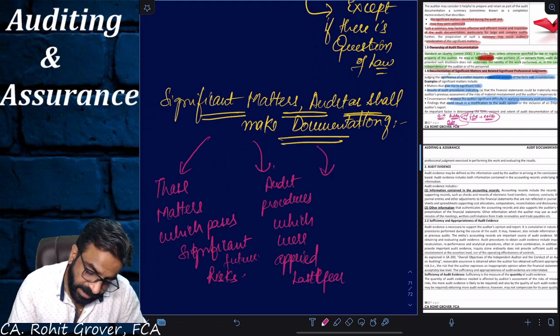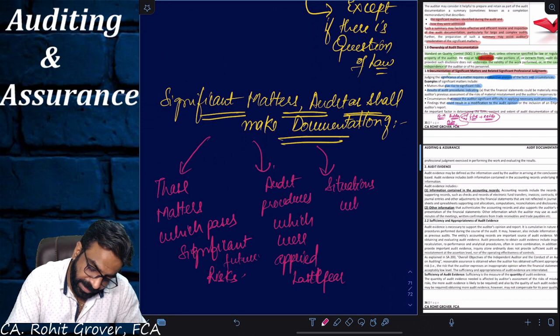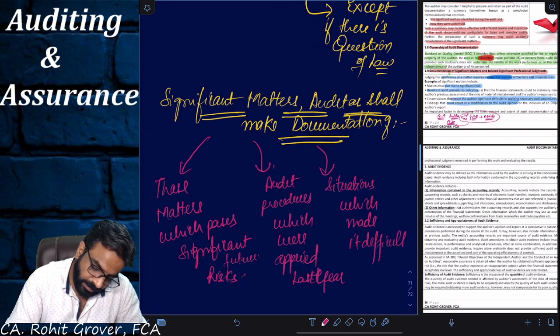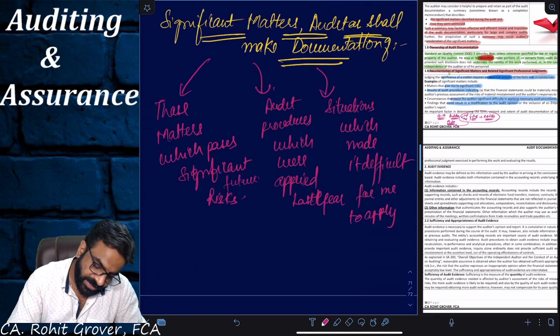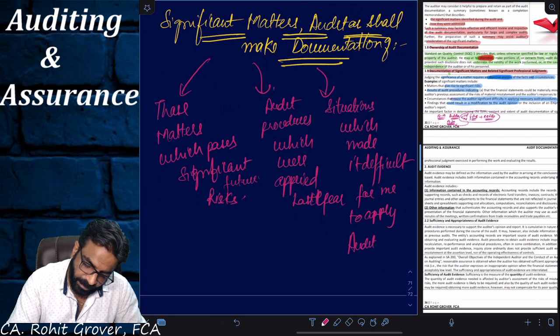Should I also make a record of those situations which made it difficult for me to apply my audit procedures? Everyone clear or not? Yes, it will all guide me in future.